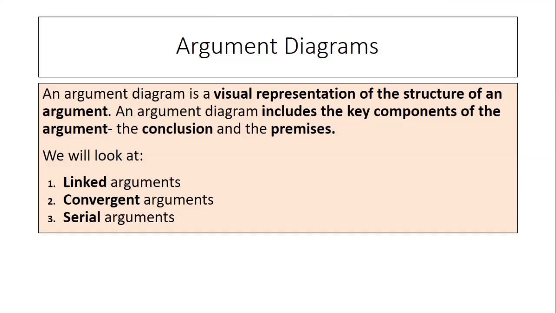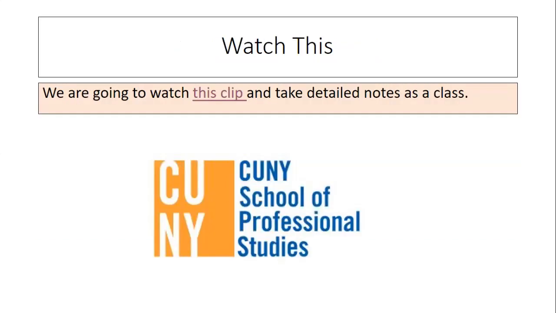The 3 kinds are linked arguments, where the premises support one another to get to the conclusion, convergent arguments, where the premises independently support the conclusion, and serial arguments, where we have intermediate conclusions involved.